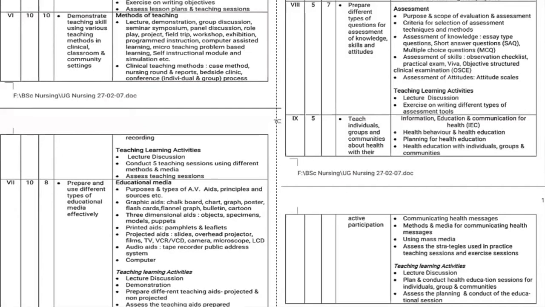Slide preparation, OHP, making films, VCR, VCD, using HD cameras, ultra HD cameras, making pictures about health education, tape recorder, public address system, and computer. This is some of the educational media.